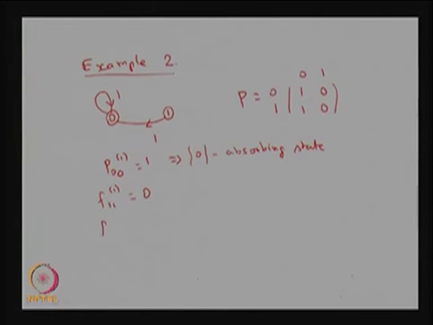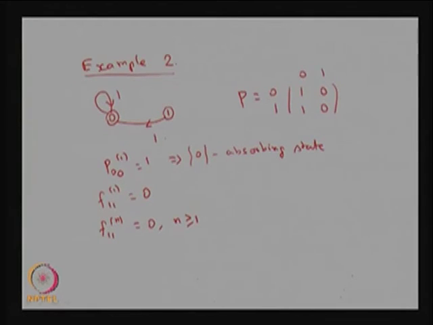And f 1 1 for all the subsequent steps is also 0, because if the system starts from state 1, in the next step itself it goes to state 0 with probability 1 and does not come back.